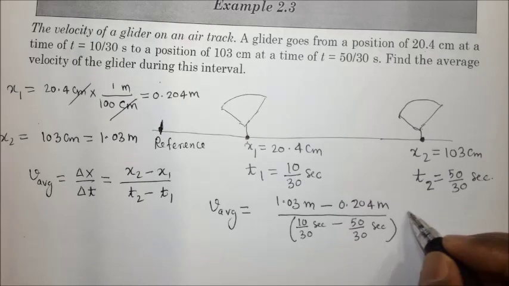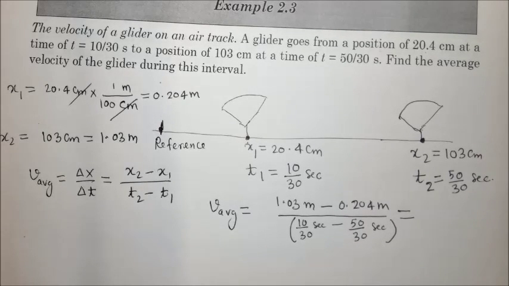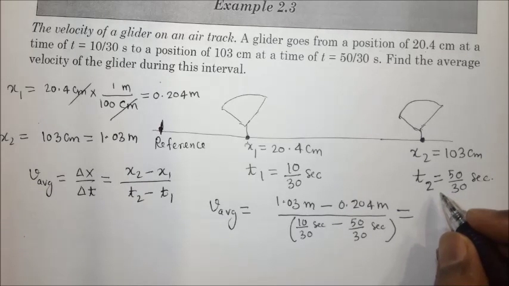So what you get on the top, if you take a difference of 1.03 and 0.204, how much you get?